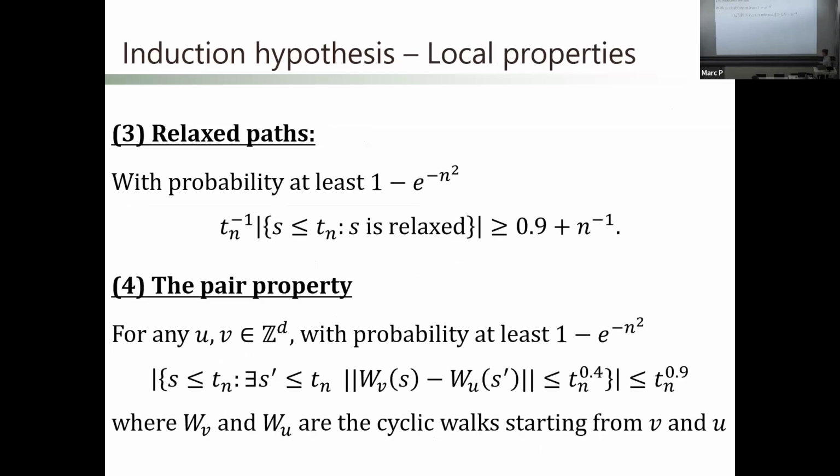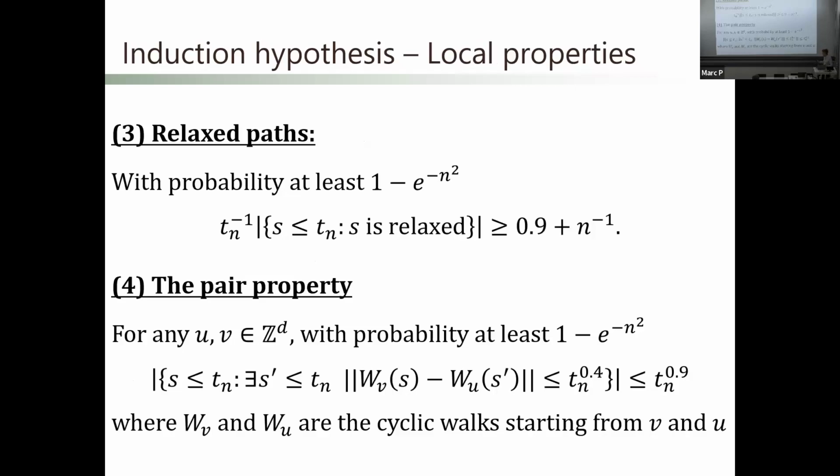And finally, what we call the pair property: if we start cyclic walk from 2 points and assume that they don't merge together or form cycles, then the fraction of time that they're close to each other is going to be fairly small. So pairs of cyclic walks don't tend to hug close together.